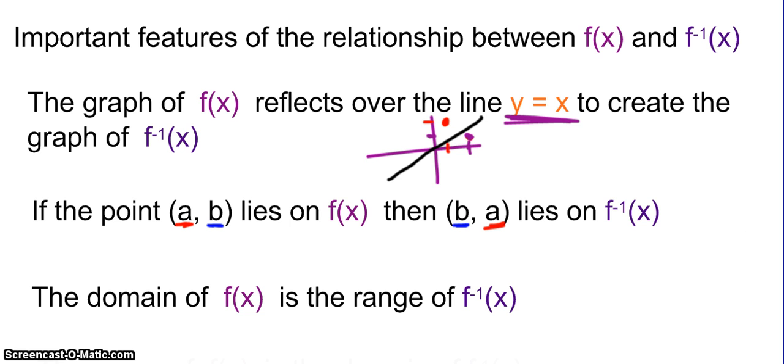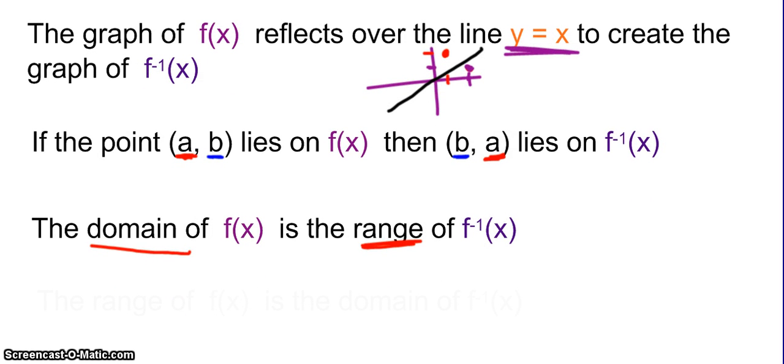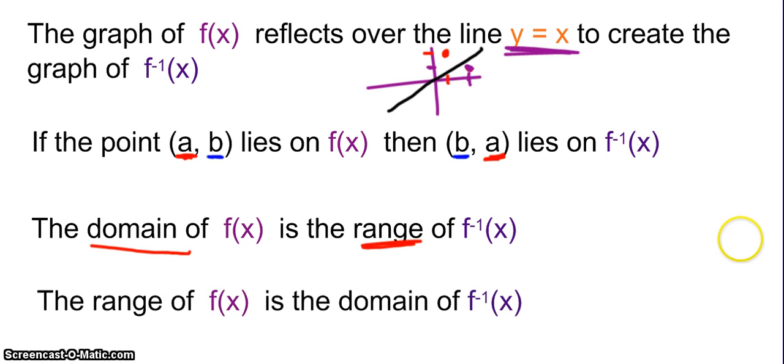Keeping in mind switching x's and y's, it would make sense then that the domain of f of x, which would be your inputs, now becomes the range of f inverse. Make a prediction. The range of f of x, which is all of those b points, is now becoming the domain, the inputs for your inverse.